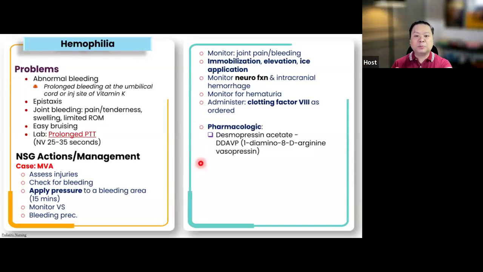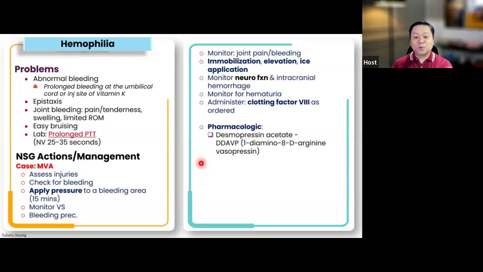And this is going to be prescribed to treat hemophilia. So please take note of this medication, DDAVP, or desmopressin acetate. Again, the therapeutic effect is to increase plasma factor 8, or clotting factor 8.